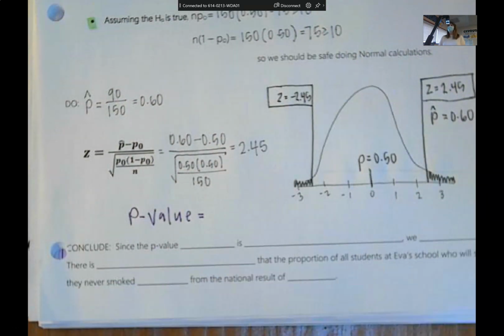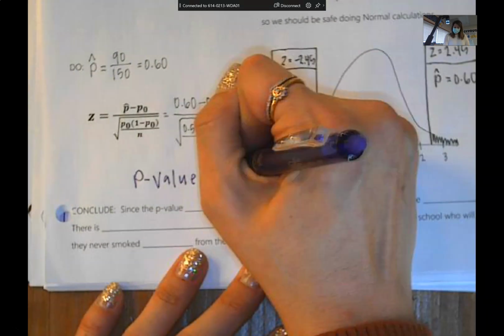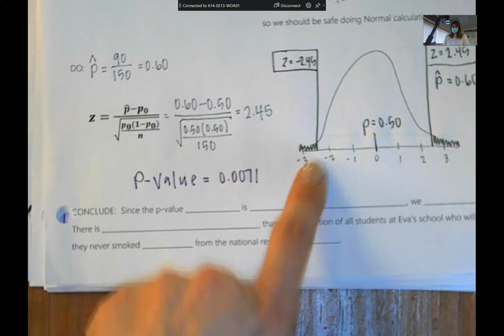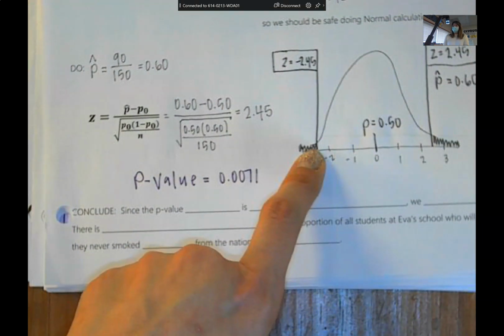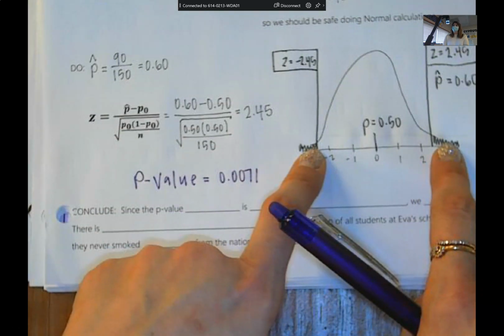So my p-value, in this case, I don't really have a nice statement for it. I could write out, it's the probability of z less than plus the probability of z greater than. That's just too much, in my opinion. So we're just going to write p-value is 0.0071. And if that's this area, then that's also this area, because this curve is symmetric.